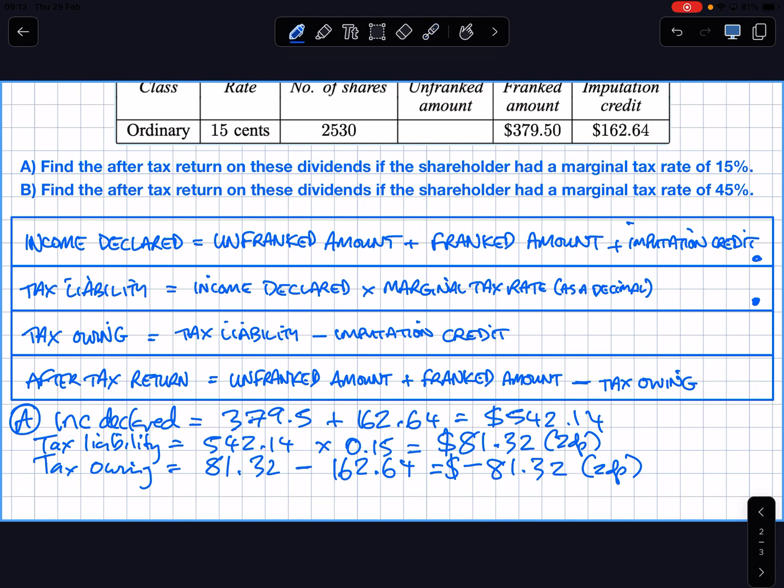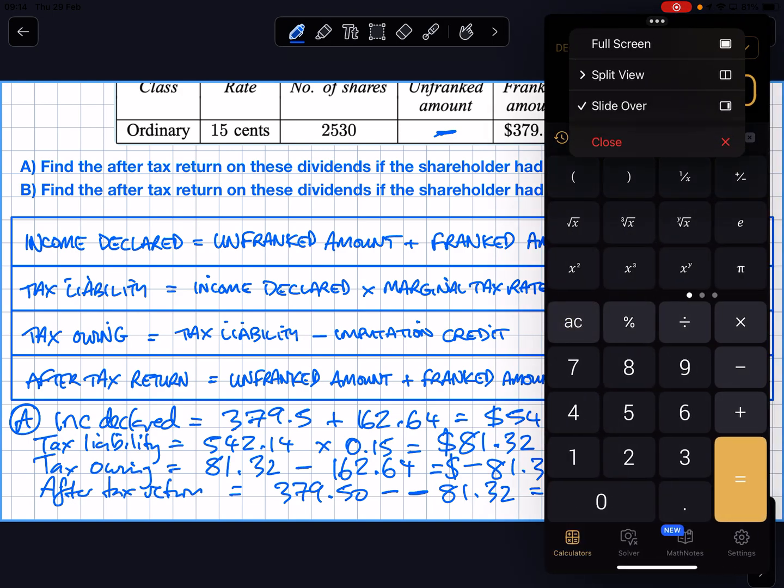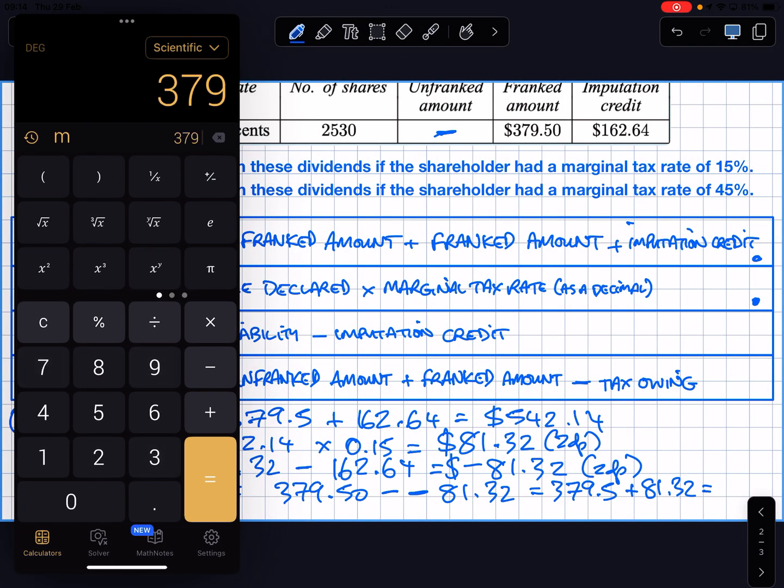So that negative has ramifications for the after-tax return. After-tax return is the unfranked amount plus the franked amount, which was $379.50. I'm not adding any unfranked amount here. Take away the tax owing, but it's taking away a negative number. What do I do in maths when I have a take and a take? What does that sign become? Plus. So that becomes 379.5 plus $81.32.